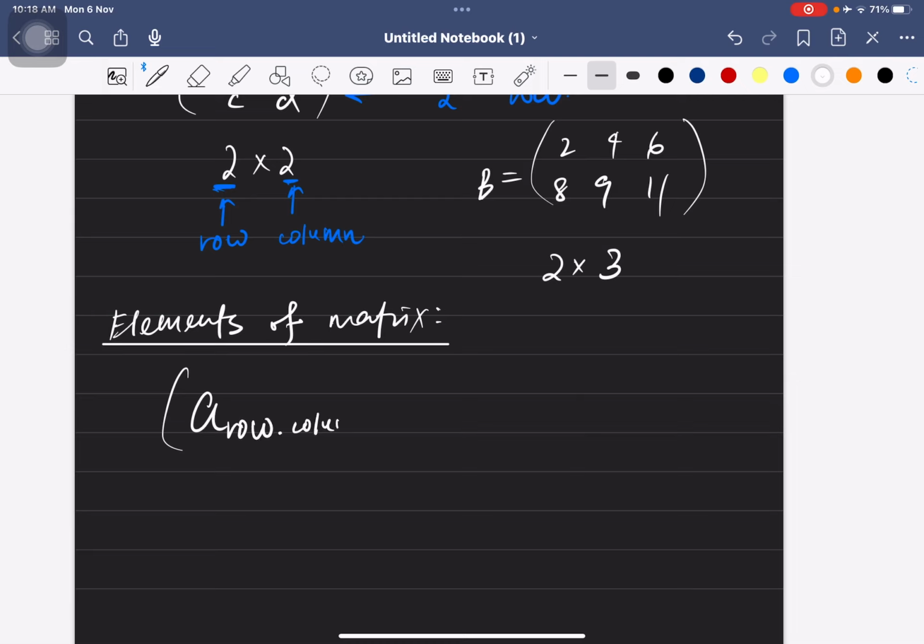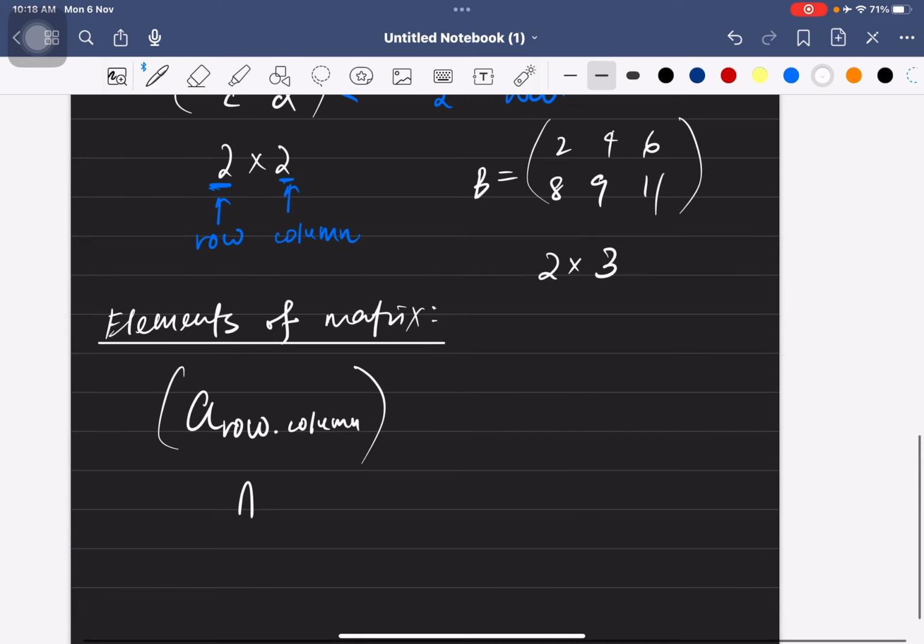We will write row first and then we will write column. For example, a matrix A, let's say this is a 2 by 2 matrix and I want to denote it in a very general way. So I will write A. This one we'll call A11, the second one we'll call A12, and this one at the bottom we'll call A21, and this is A22.